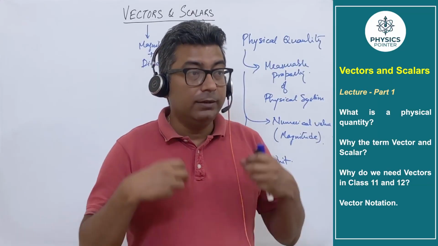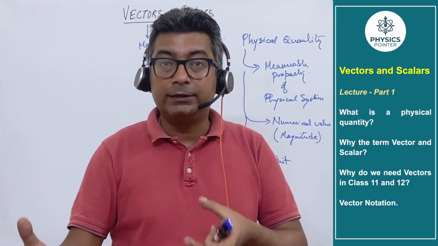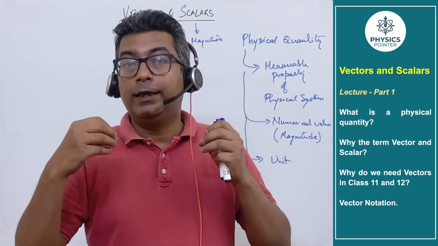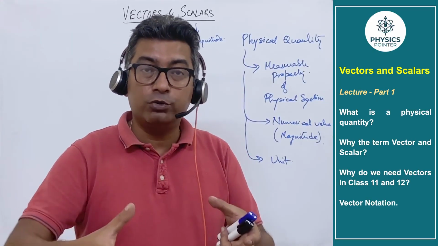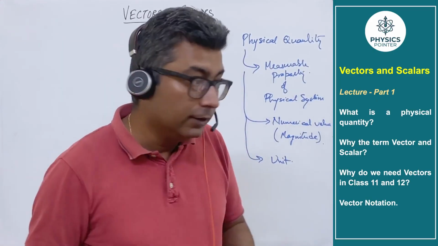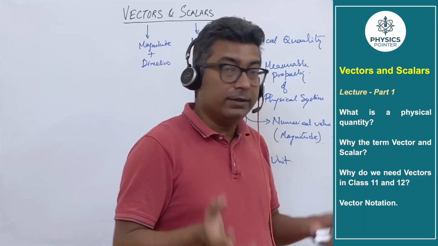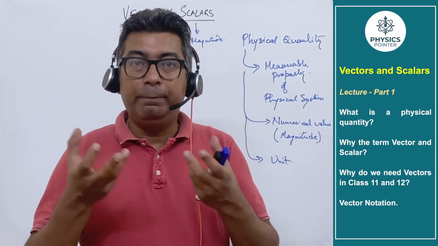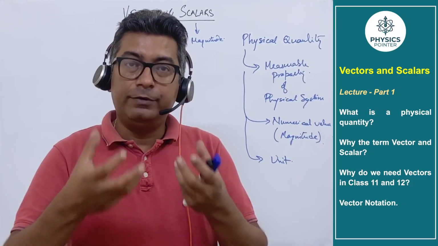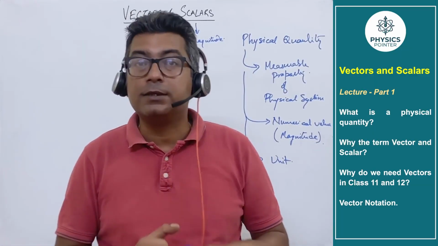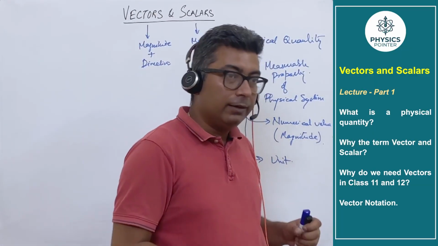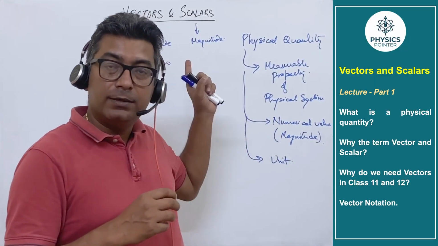Multiple actor means there could be a force applied externally, internally, there could be some kind of exposure to some kind of energy. So all these things can actually impact the physical behavior of a physical system. And that is where these vectors come into play.